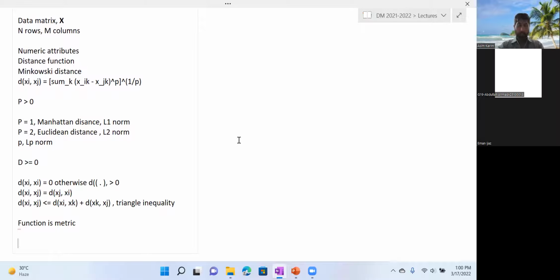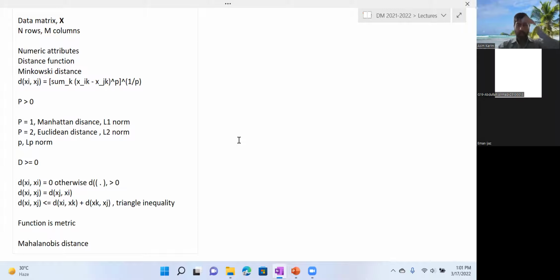So any questions? If you have attributes that are all numeric, then this is the common measure. Of course, there's another measure which is called the Mahalanobis distance.